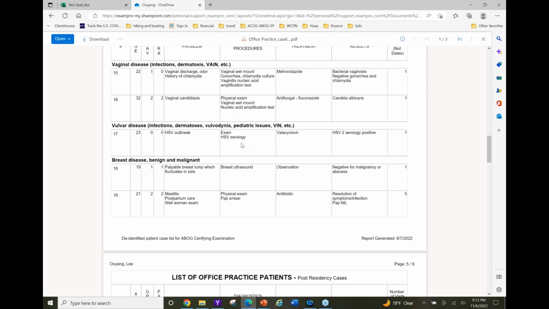Okay, so I'm just going to go back through for a second. I'm sorry, I kind of jumped around, asked you a bunch of different questions. The reason I asked you about this case was because of the serology, okay? Because usually if I see a patient with an HSV outbreak, the usual recommendation is to do testing of the lesion rather than doing serology, okay? There was no mention on the case list about having done any testing of the lesion, so I was just wondering.